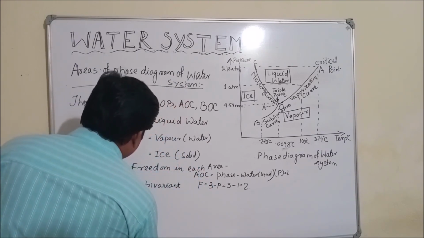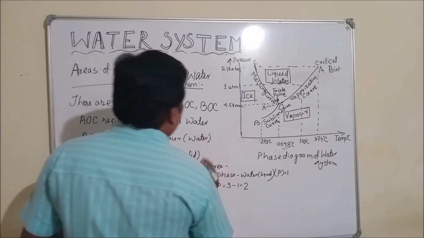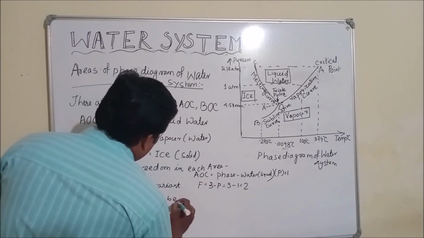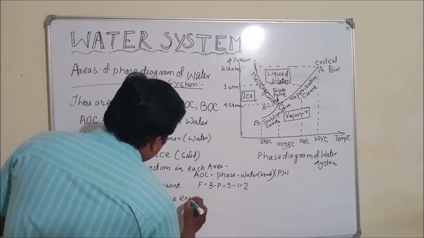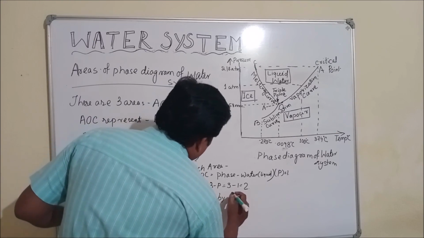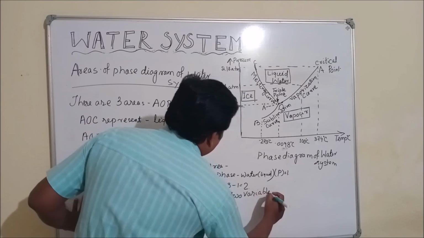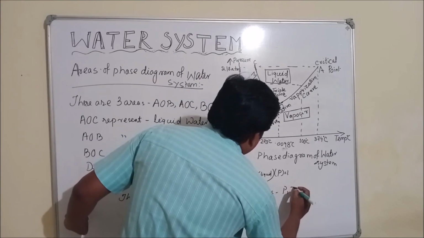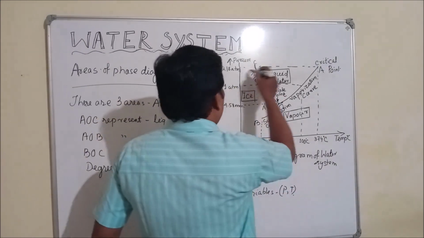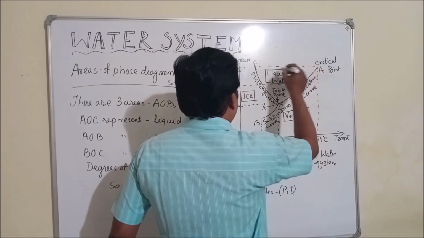That implies this system, the AOB area, the AOC area, can be explained by two variables. What are they? Pressure and temperature. Any point on this AOC area can be explained by its temperature and pressure.